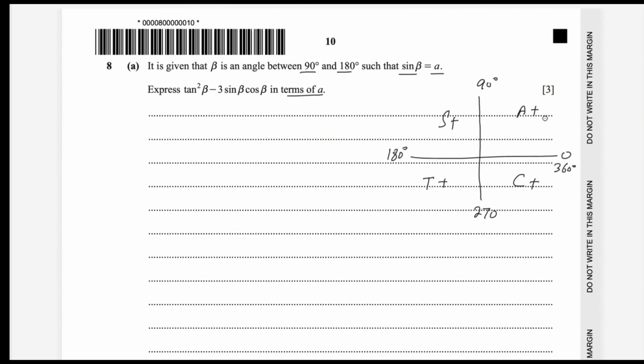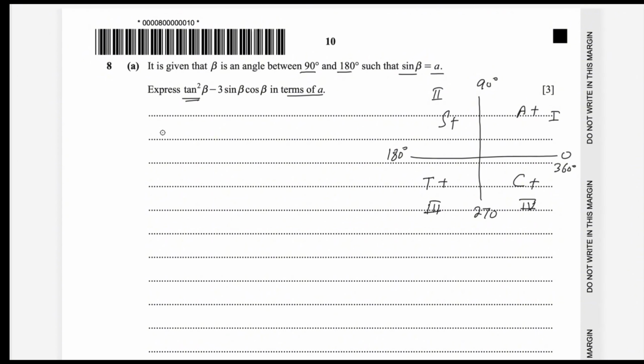Then second, third, and fourth quadrant. Beta is lying in the second quadrant, and in the second quadrant cosine is negative, tan is negative. Better we convert this tan square in terms of sine square and cosine square.